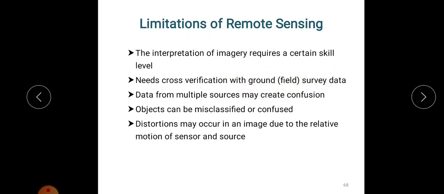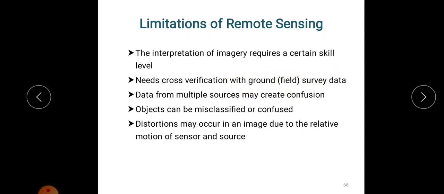Okay, and data from multiple sources may create confusion, that is, since we are taking a large variety of wavelengths for this remote sensing system, the final output may be a little bit confusing. In the case of any region, if we are taking an image of any crop, there will be so many types of vegetation in a particular area. But we cannot differentiate each vegetation without knowing the spectral reflectance of these vegetations.